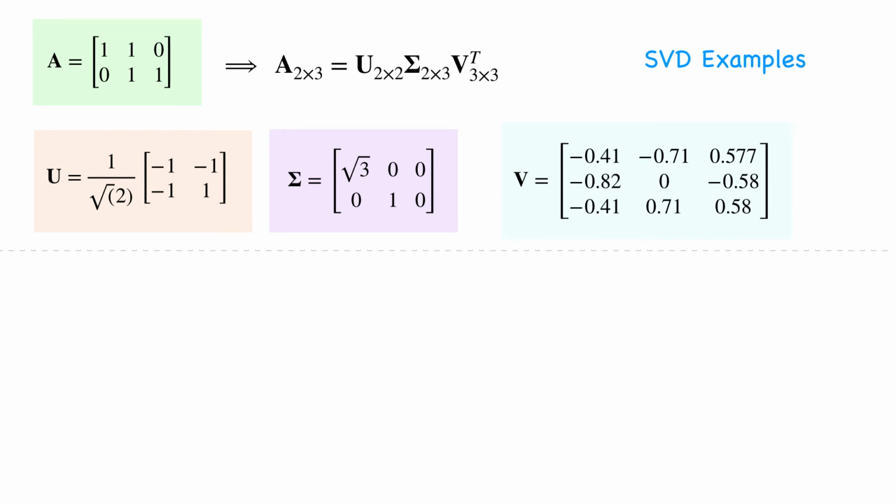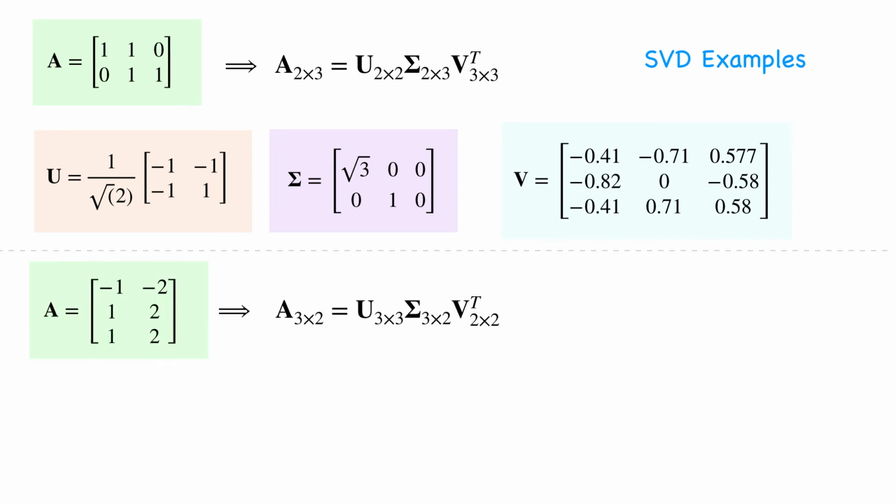Sigma contains the singular values, which, as we have seen earlier, are the square roots of the eigenvalues of A A transpose or A transpose A. In fact, A A transpose and A transpose A have the same eigenvalues, and we take the square root of those eigenvalues and place them on the diagonal positions of sigma.